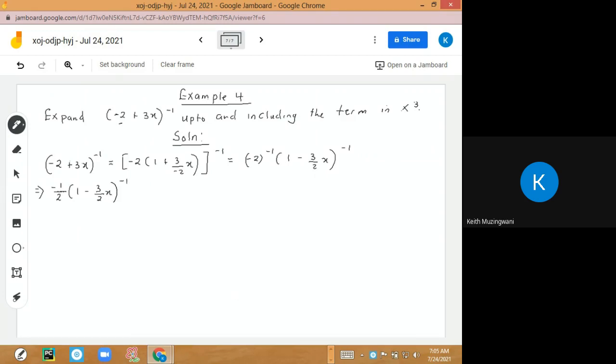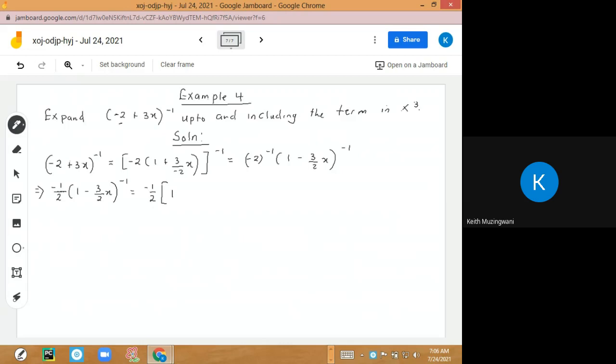So we have made the A part positive, so that when they ask us to find the range of validity, you will just get the modulus of negative 3 over 2x less than 1, our A part. What about the expansion? We'll keep the negative half outside because it is to the power 1, so there's nothing to do there. Then you expand what is inside.